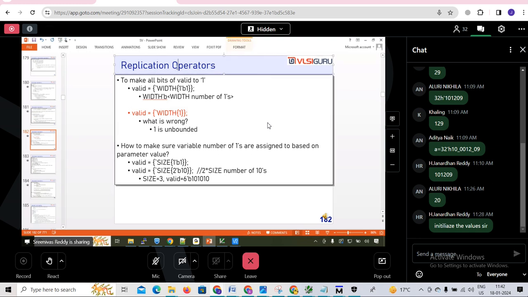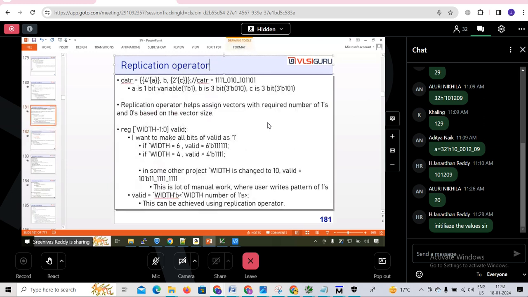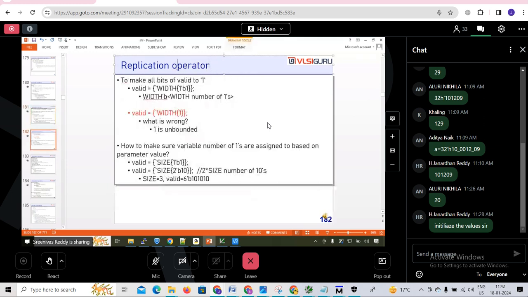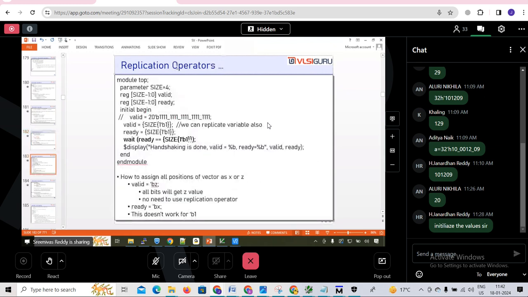This is about the replication operator. Like this, I can use it in many places. For example, I want to check ready equal to size number of ones. So I can write wait ready equal to replication size 1 tick b1. Okay.